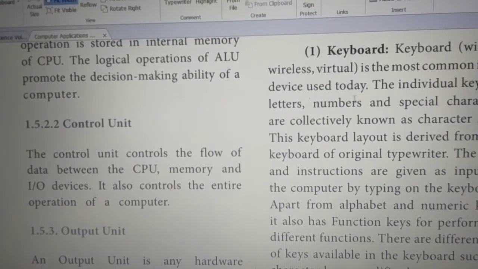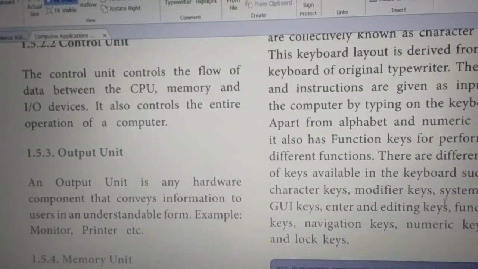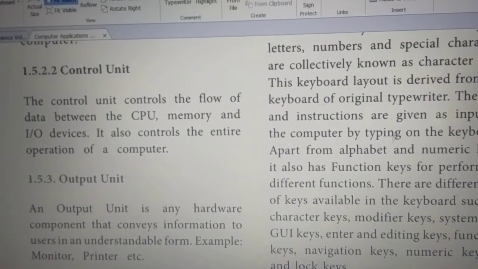The individual keys, letters, numbers and special characters, are collectively known as the character keys. The keyboard layout is derived from the keyboard of the original typewriters. Instructions are given to the computer by typing on the keyboard's alphabet letters. Apart from the alphabet and numeric keys, it also has function keys for performing different functions.